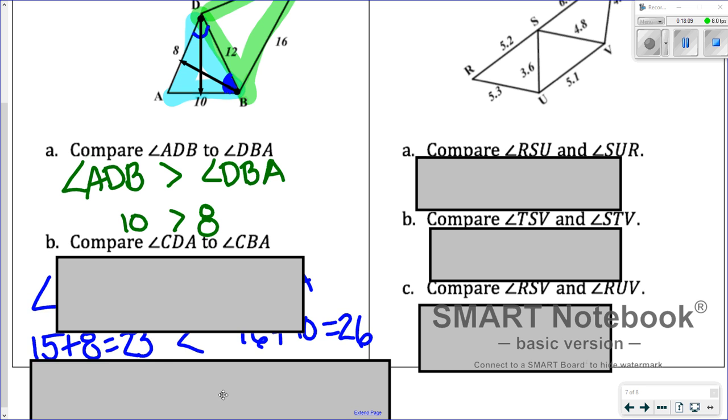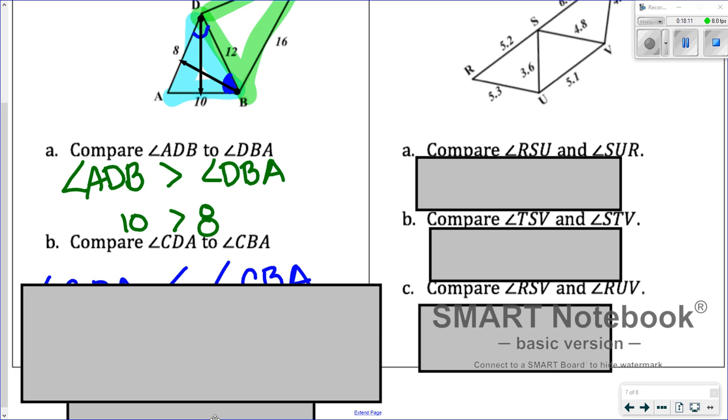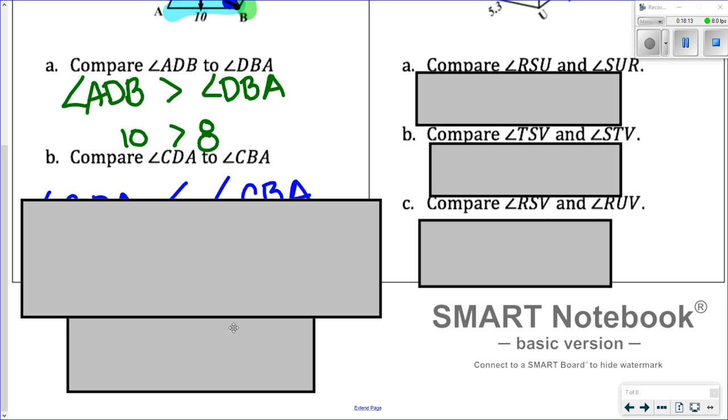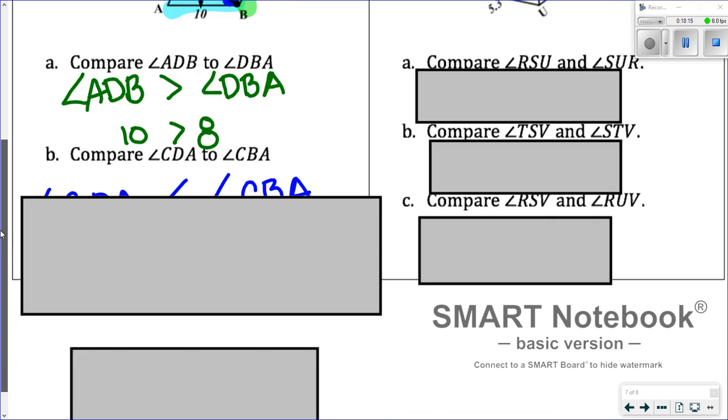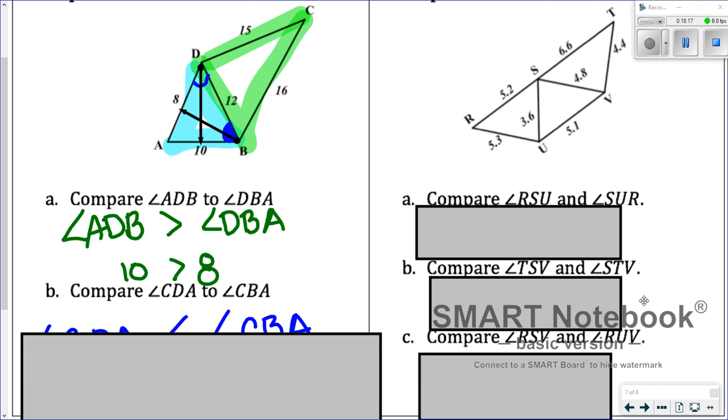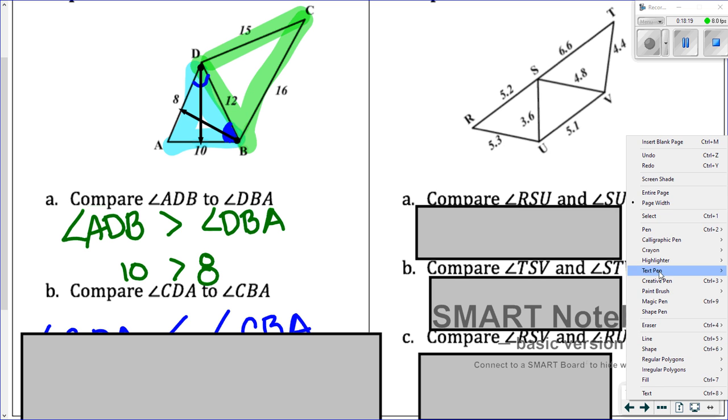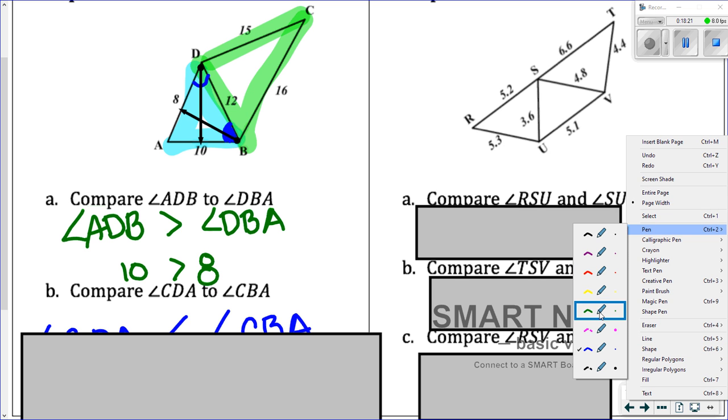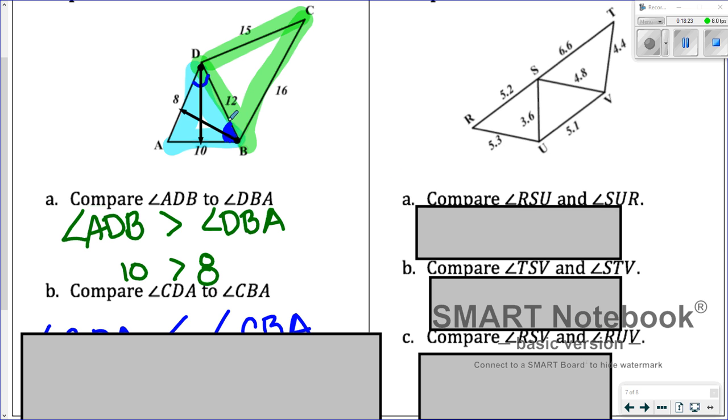And then they say compare CDA to CBA. So that is the green triangle. I'm going to mark that. So CDA, I'll just make that whole thing the angle, and then CBA, and that's this whole thing.